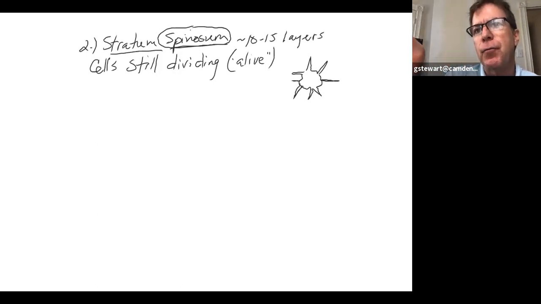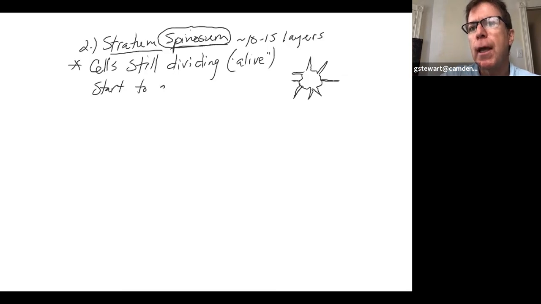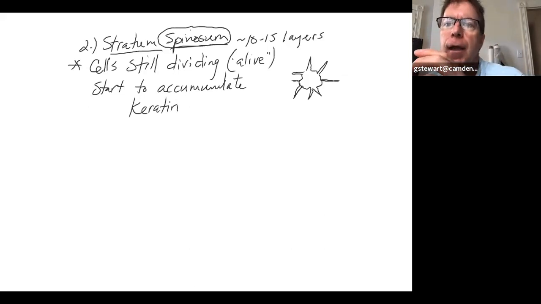Nevertheless, these cells are still mitotic, and they start to produce and accumulate the protein keratin. Sorry about the writing, it's not easy on a vertical glass surface. The keratin is accumulating in more mass and is becoming tougher and more fibrous.